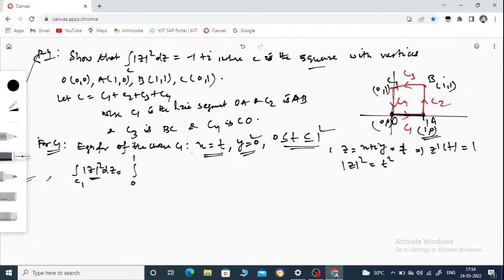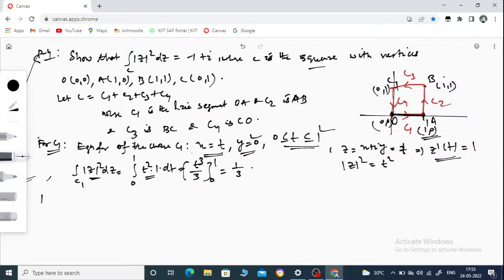Then mod z square is t square, then z dash t is 1, then dt. What is the integration of t square? This is t cube by 3, from 0 to 1. So this will be 1 by 3.